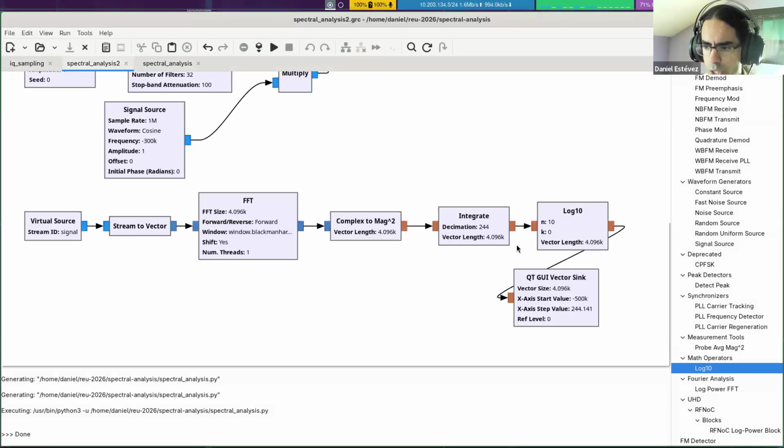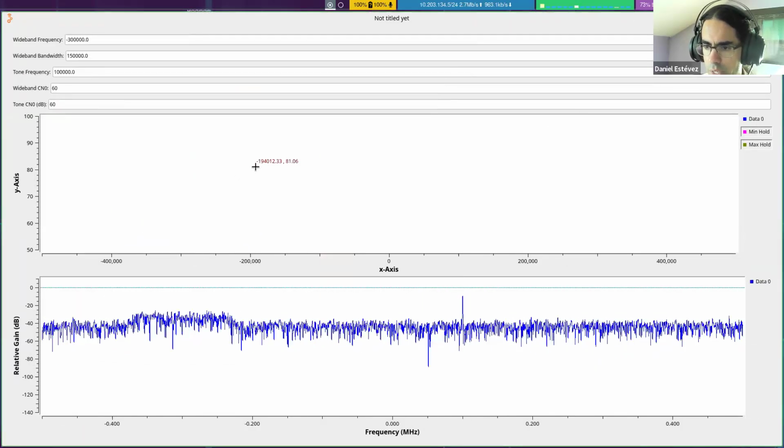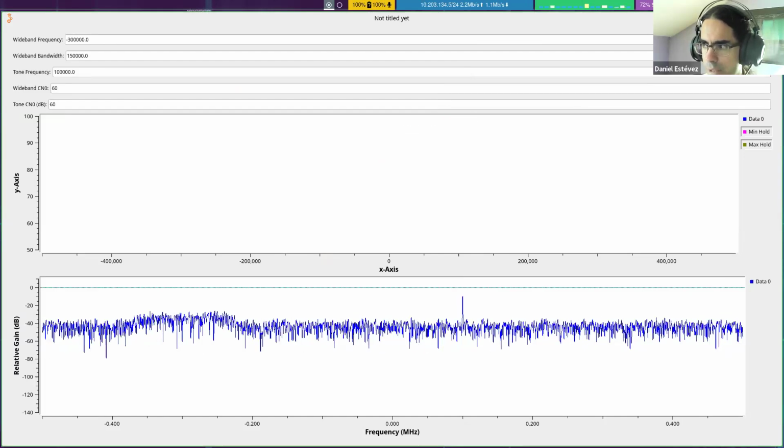But the problem is GNU Radio usually has buffers in the block connections, and for performance, it will normally wait for certain numbers of outputs to be produced here before even doing something. So that means we need to wait for many seconds. And that's the reason why when I was running this, we don't see anything here.